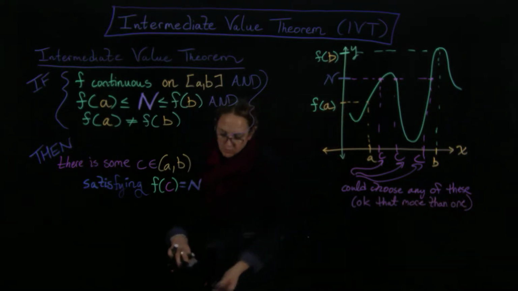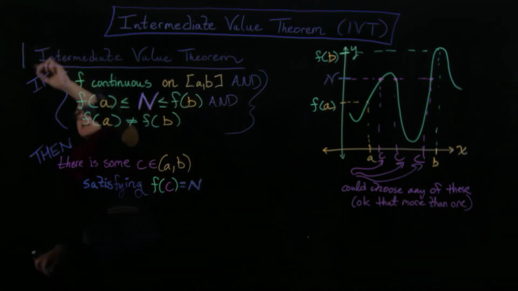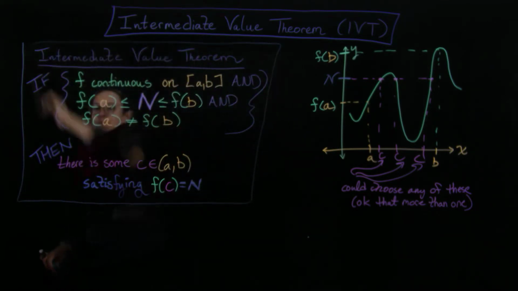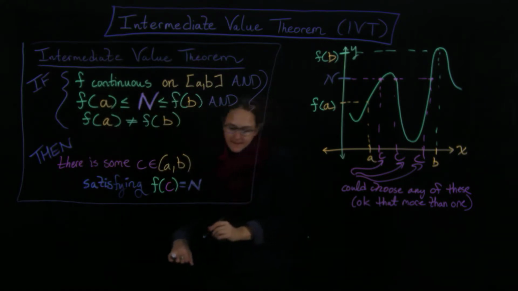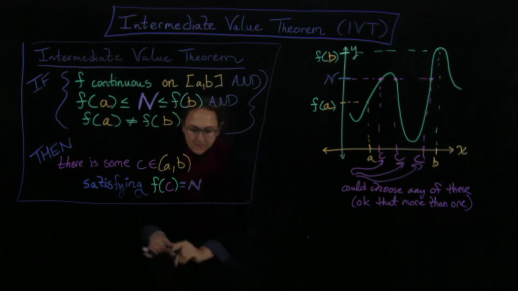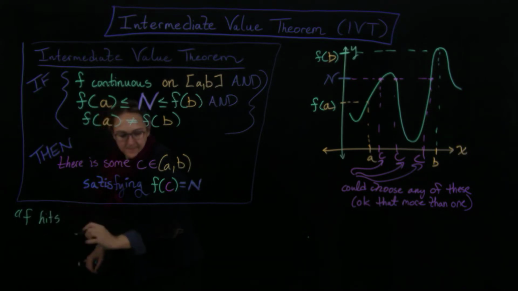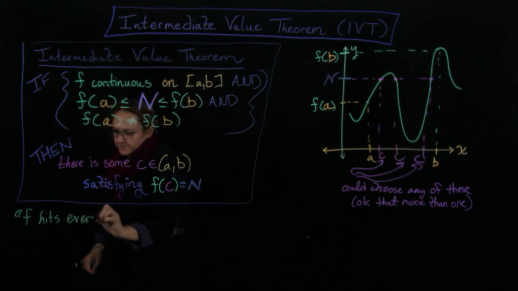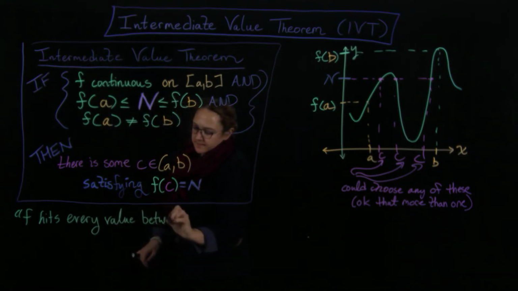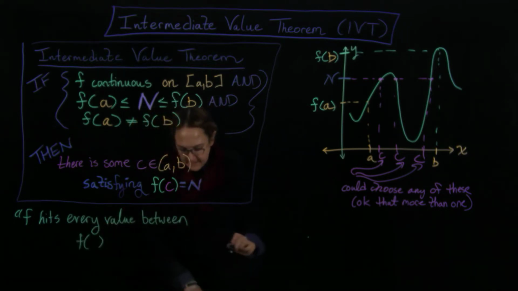Okay, so what does this theorem say? First let's box it. What it says is that f hits every value between f of a and f of b.